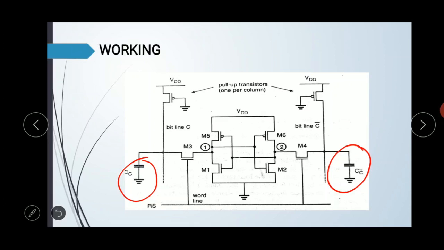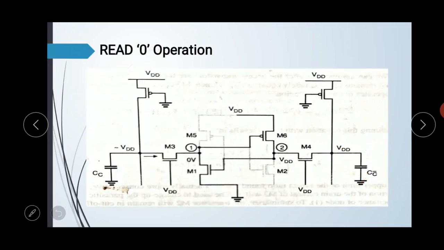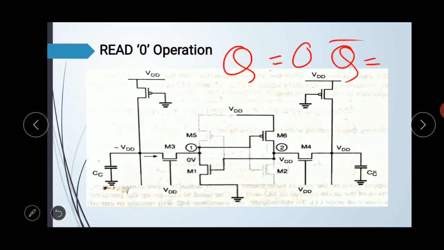Next, this one is the diagram for the read 0 operation. Read 0 means initially we assume that Q equal to 0 and Q bar equal to 1. Q equal to 0 is stored in this memory, so in read operation we read that data.